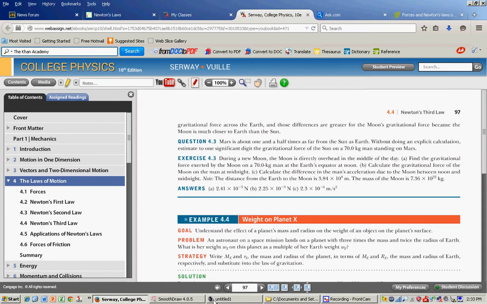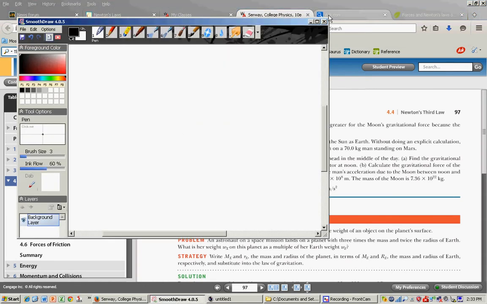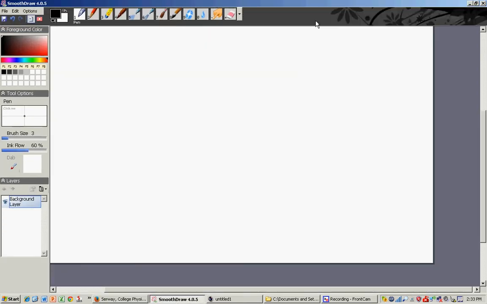So let me try to summarize all of this for you. So far we have built the notion of acceleration, and we have also built the notion of velocity, right?